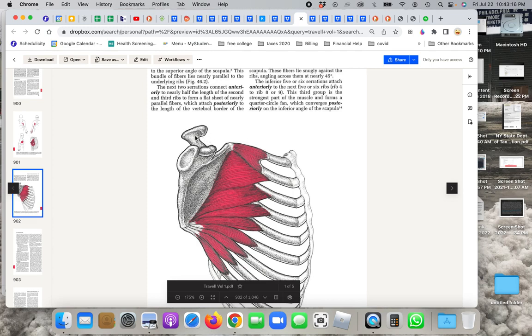So you can see how that would pull that shoulder blade out and down, and also can pull the ribs upward and diagonally, as in inhaling high up into the chest. The serratus, on the other hand, acts more to pull the scapula than to pull the ribs.